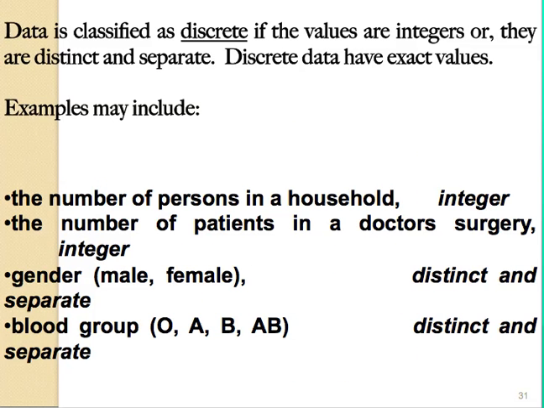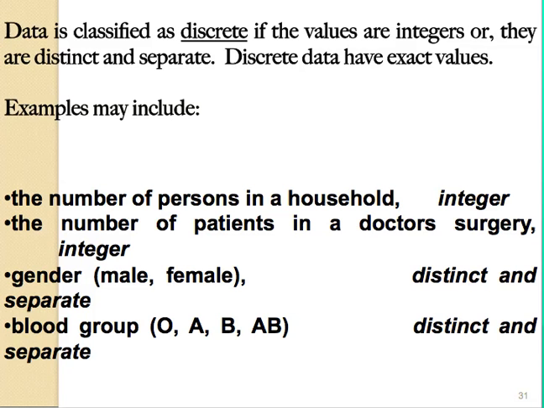Now, data is classified as discrete if the values are integers, or they are discrete and separate. Discrete data have exact values. For example, the number of persons in a household, that's an exact value. The number of patients in a doctor's surgery, that's an exact value.